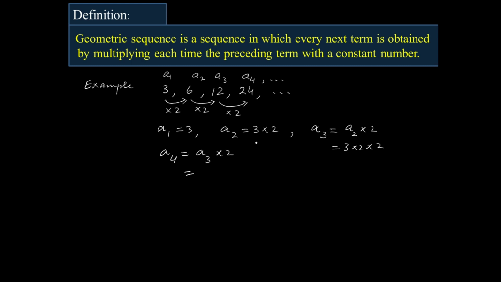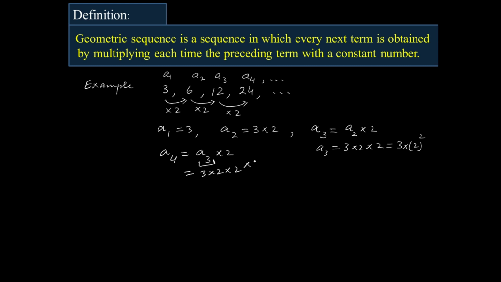What is the third term? The third term is 3 multiply 2 multiply 2. So this third term is replaced with this value, 3 multiply 2 multiply 2. Now this can be written as 3 multiply 2 power 2, and this is the value of the third term.